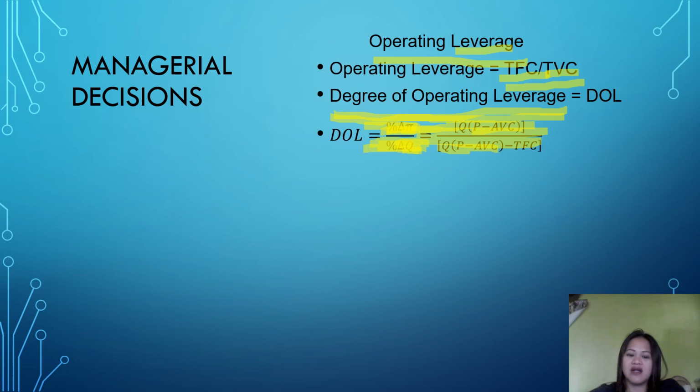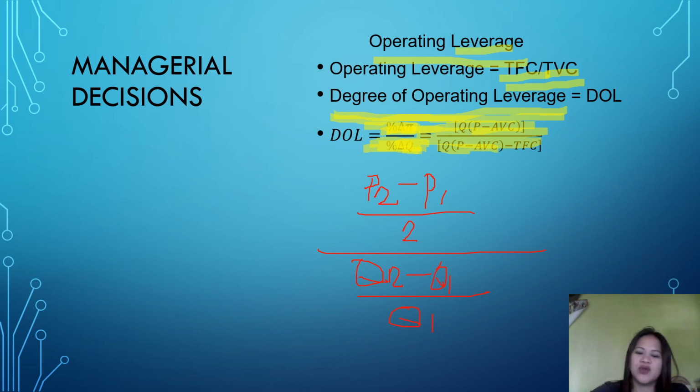then mas madali yan. Because a change in the profit will just be profit 2 minus profit 1 divided by profit 1, divided by the quantity 2 minus the quantity 1 divided by the quantity 1. Okay? So that's how you derive it.